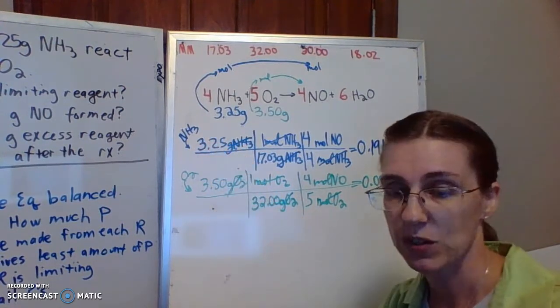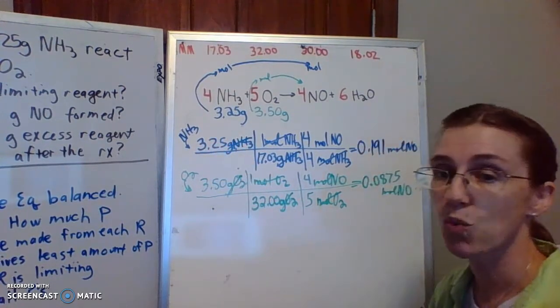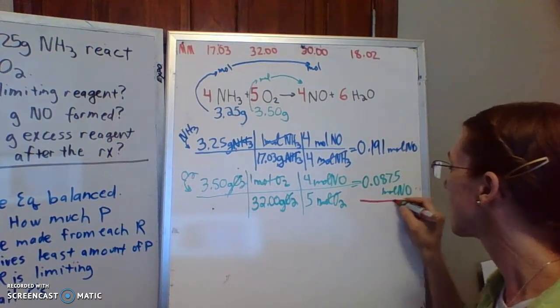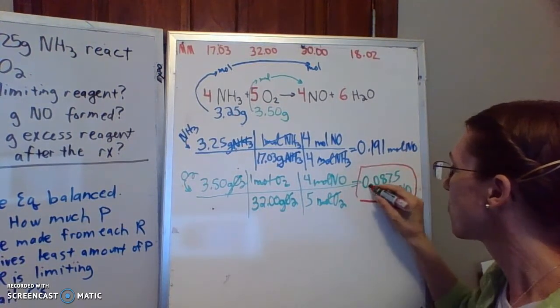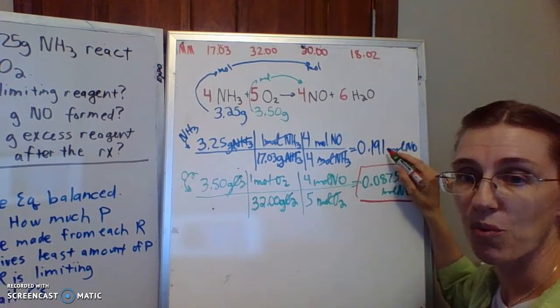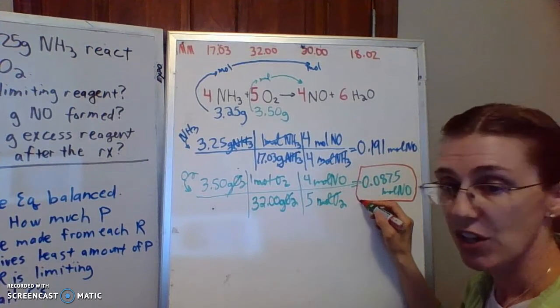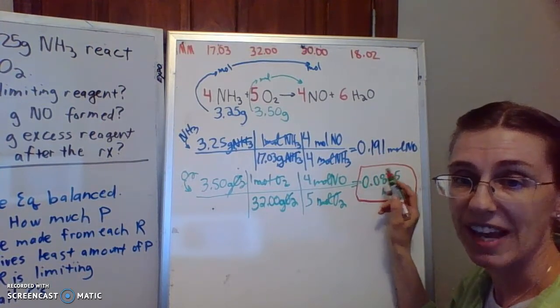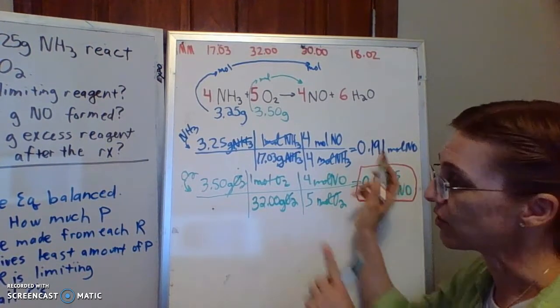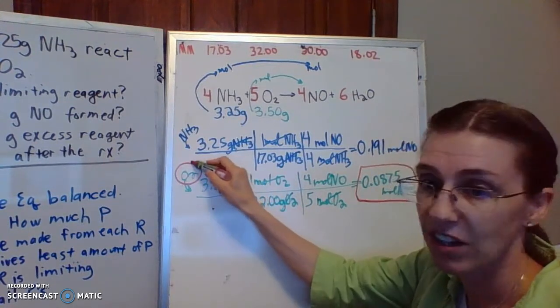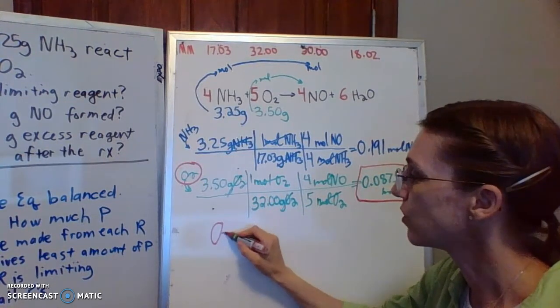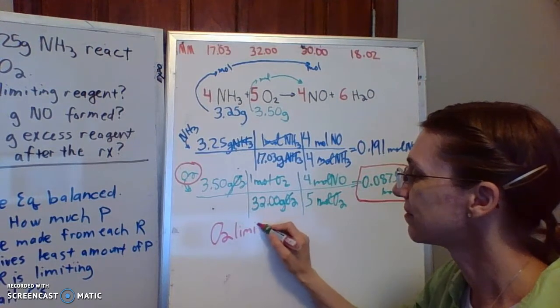All right, so we've calculated how much product we can get from each of the reactants. Now we look at those and we figure out which one is lowest. Well, this one right here, 0.08, is lower than 0.191. So this is the lowest. So the thing that we use to calculate this is the limiting reagent. So we go back to the beginning. Here's our limiting reagent. O2 is limiting.